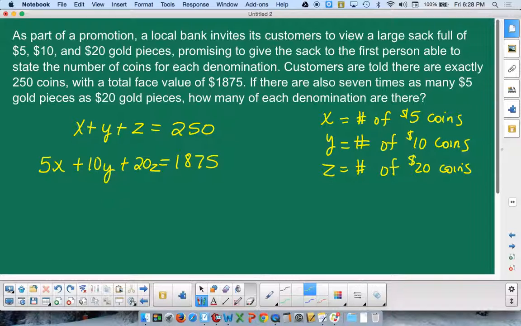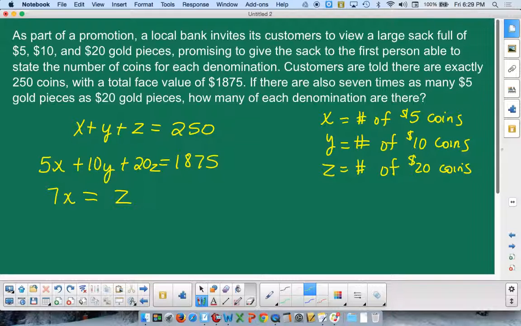So they'll go, okay, I got 7 times the $5, so I got 7x is supposed to equal the $20 gold pieces, which is Z. Okay, ask yourself logically, which one are there more of? Are there more $5 or are there more $20 gold pieces? Well, it says there's 7 times as many $5. There's way more $5. So does it make sense that you're taking 7 times the $5? There's already more $5.